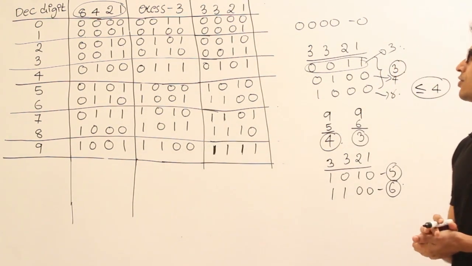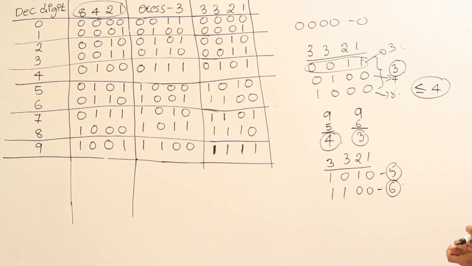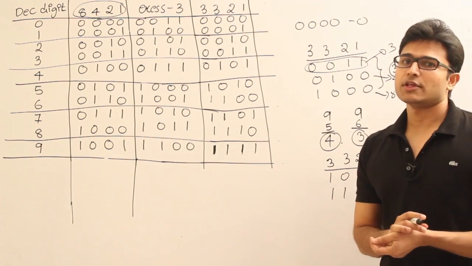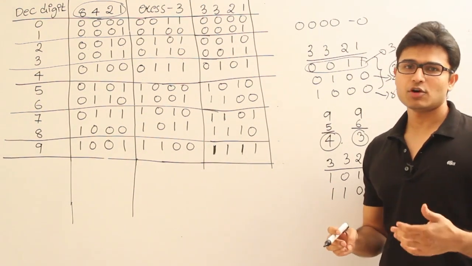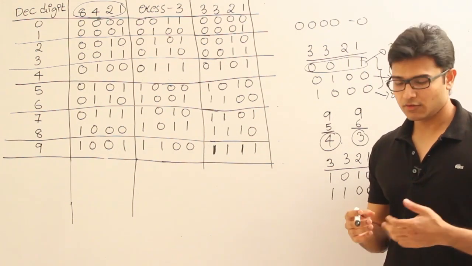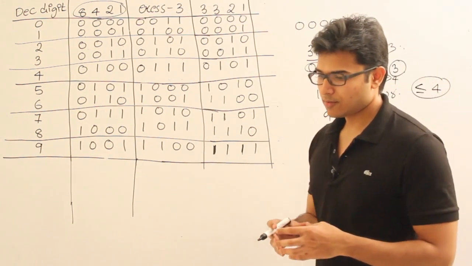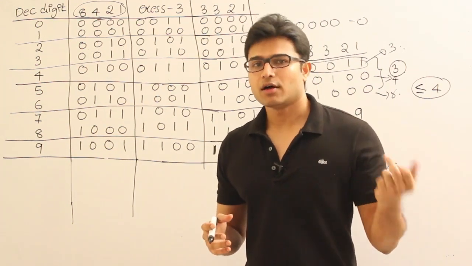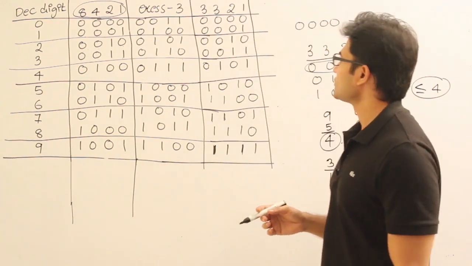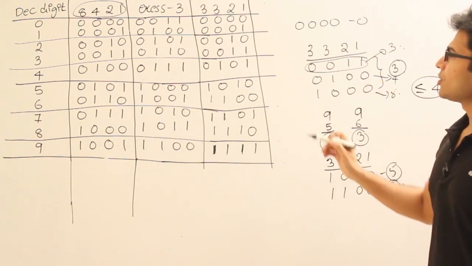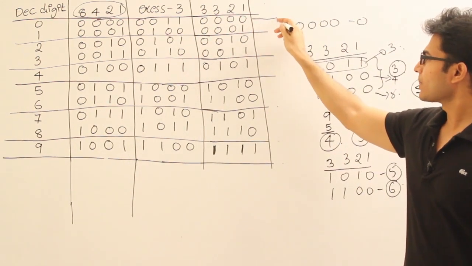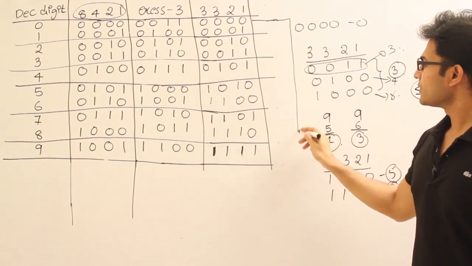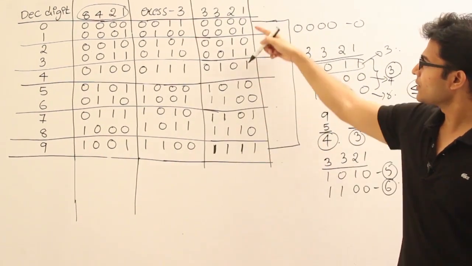If you observe this, why is this particular code important? 3321, or whatever codes I told you, are important because they have one interesting property: the 1's complement of a number is also the 9's complement of the BCD number. Therefore finding the 9's complement of BCD is equal to finding the 1's complement of that particular number system. What is the 9's complement of 0? 9, and what is the 1's complement?